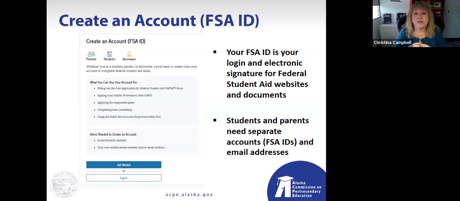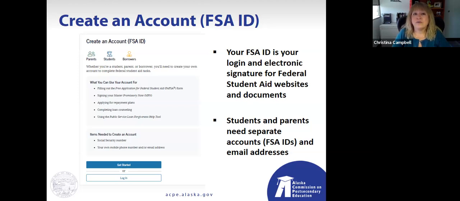Otherwise, it will open up a Pandora's box, because every single time the student logs into their FAFSA to make a change or to submit their FAFSA, and they will be doing this for the duration that they're in college. This is a form that they fill out once a year, preferably every October, except for this year in December.